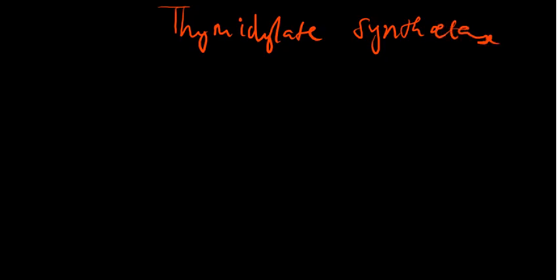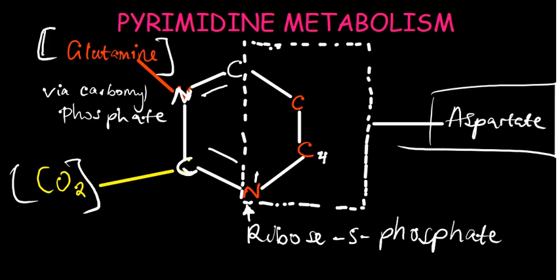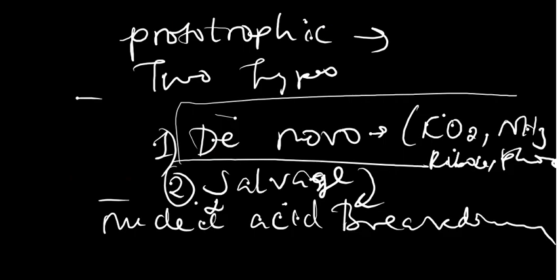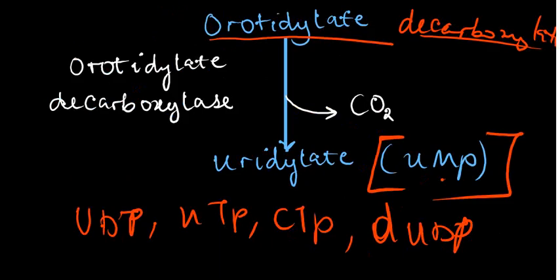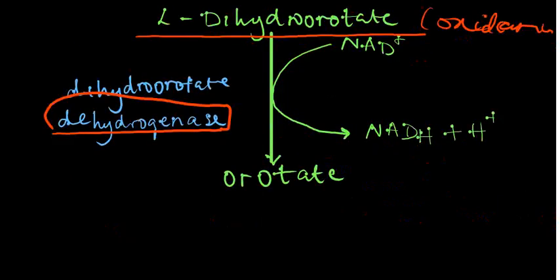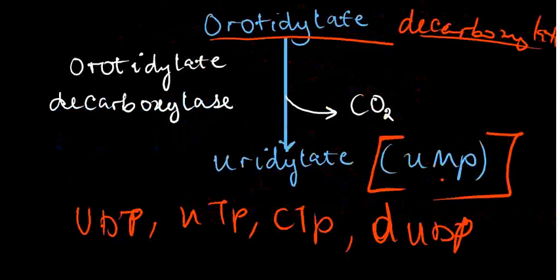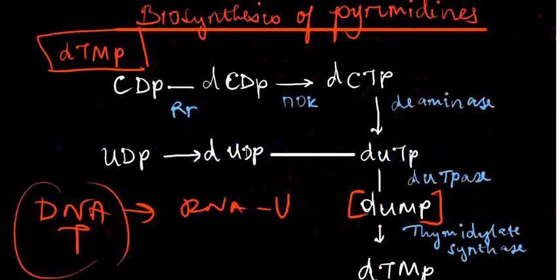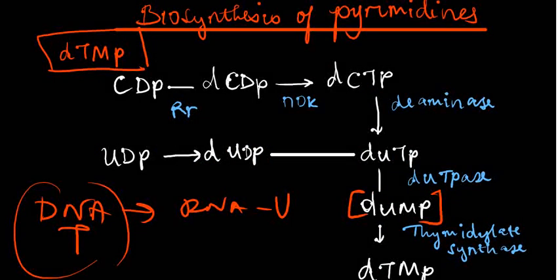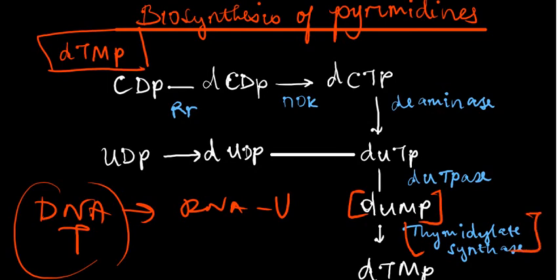Let me take you back to a diagram where we talked about thymidylate synthase. Right here, this is the enzyme aiding the conversion of dUMP to dTMP.